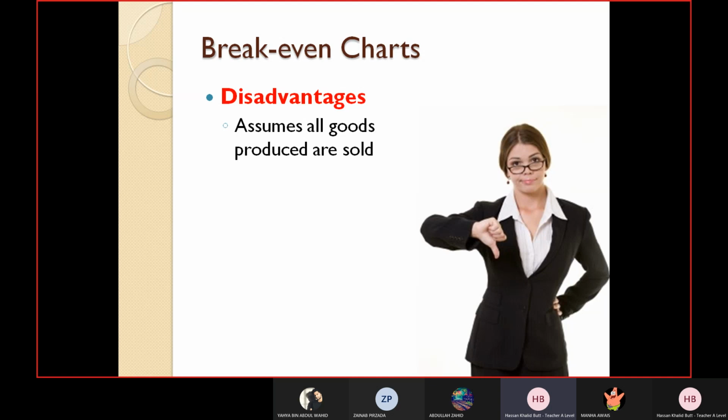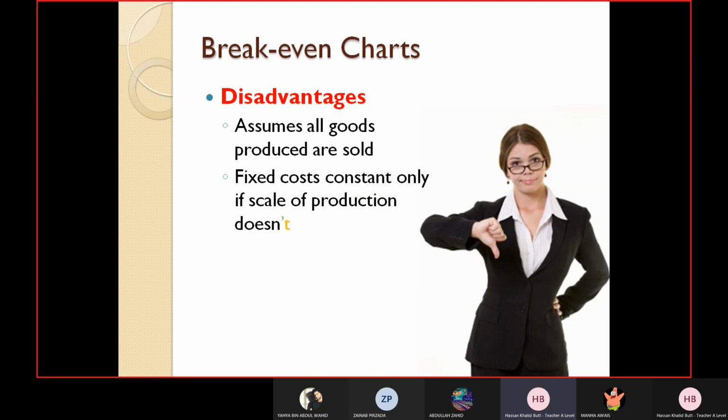So sometimes you are not able to sell all the items you produce in that year. They do not account for this, and it is a wrong assumption that whatever is produced is sold in the market. So this is one of the disadvantages.